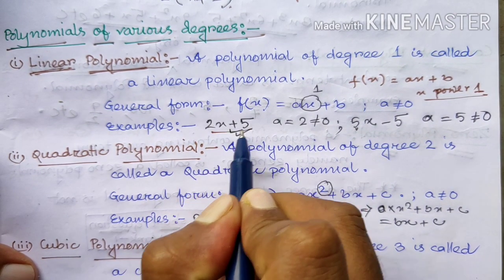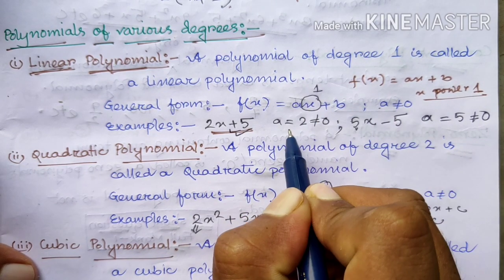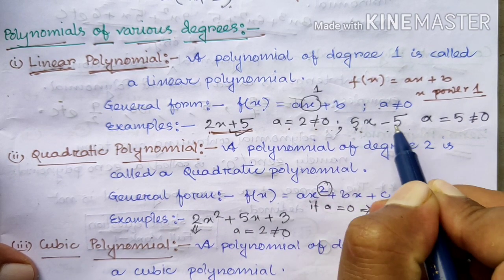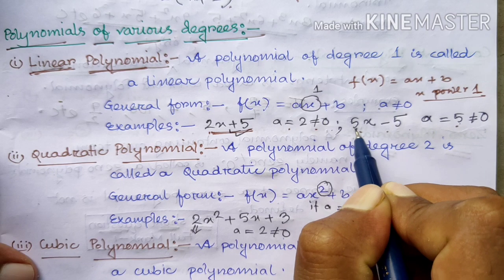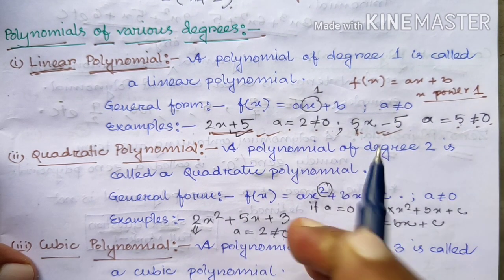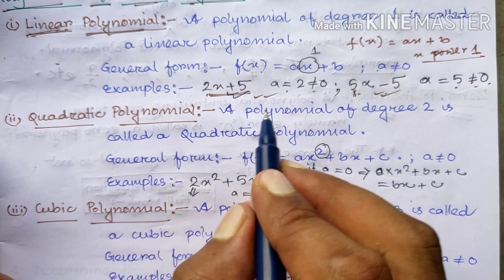For examples, 2x + 5, here a equals 2 which is not equal to 0, and 5x - 5, here also a equals 5, which is not equal to 0. That means 2x + 5 and 5x - 5 are linear polynomials.